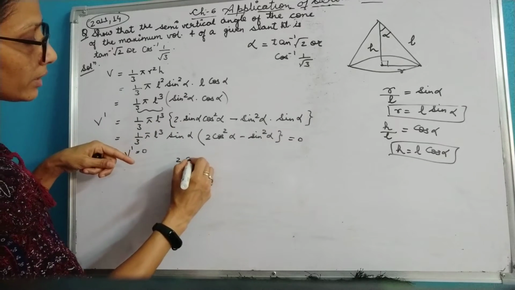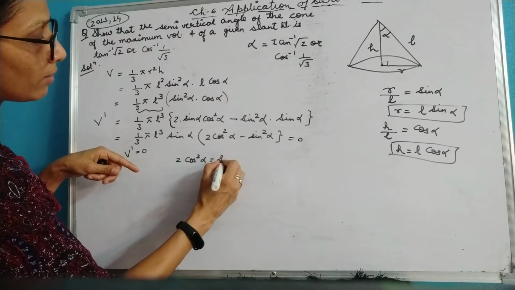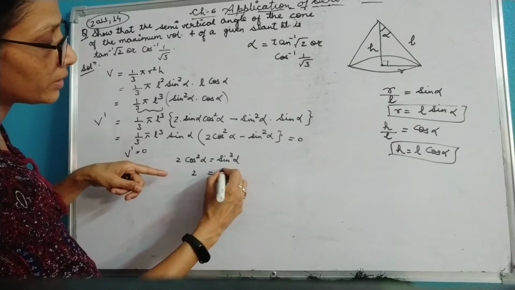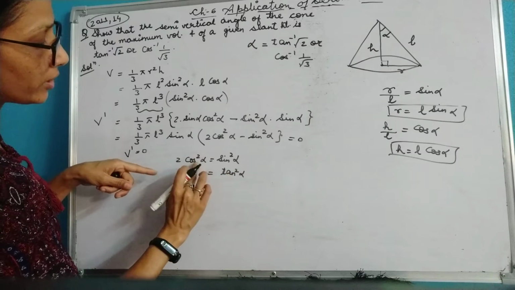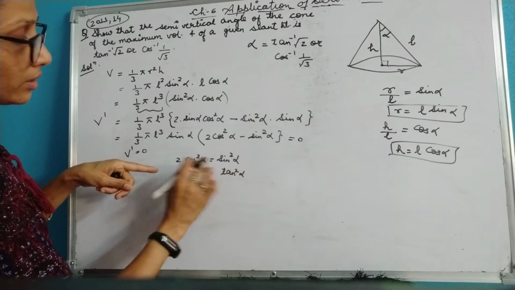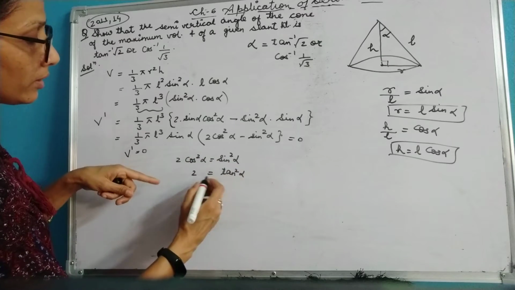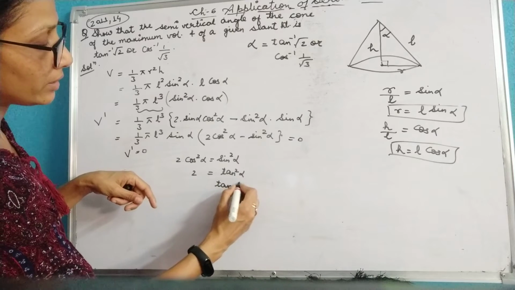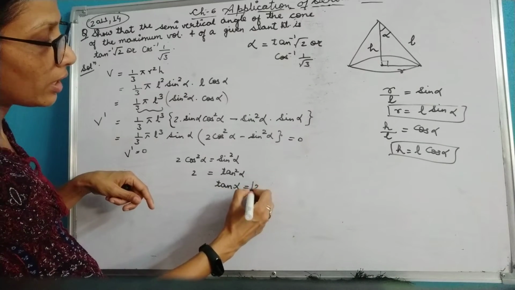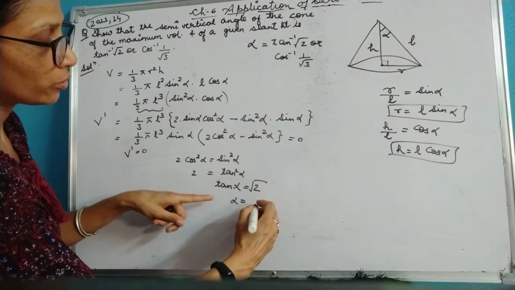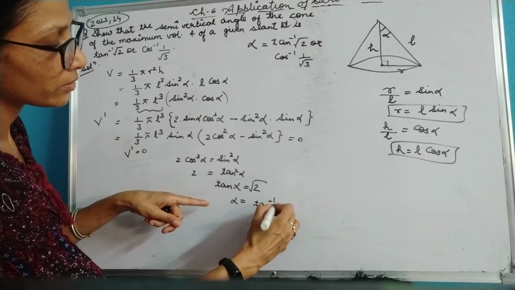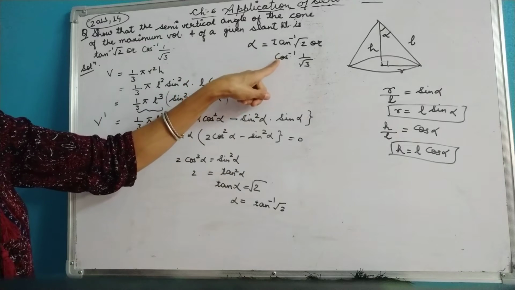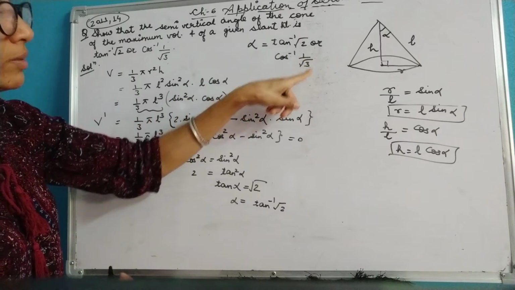So I will be getting it as 2 cos square alpha equal to sine square alpha, which will give me tan square alpha. I have taken this cos square alpha on this side. So this is tan square alpha equal to 2 and I can take it as tan alpha equal to under root 2 or alpha equal to tan inverse root 2, which is the required form. But another required form is there, which is cos inverse 1 by root 3.